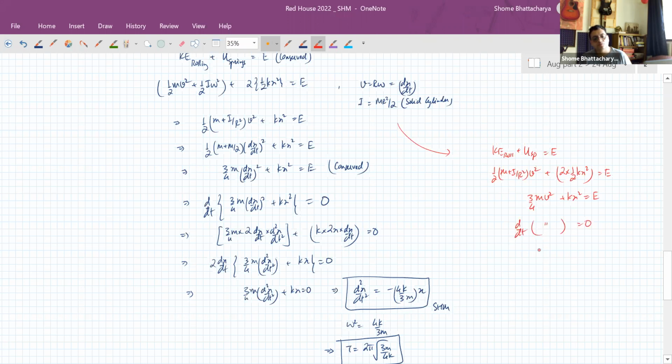So this will become 3 by 2 mv dv by dt plus 2kx dx by dt is 0. So you got this equation.